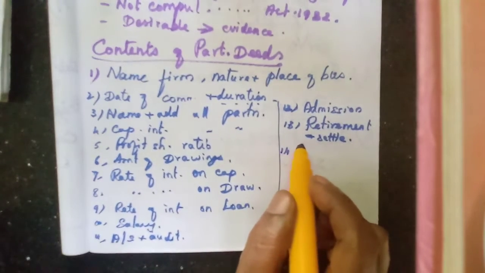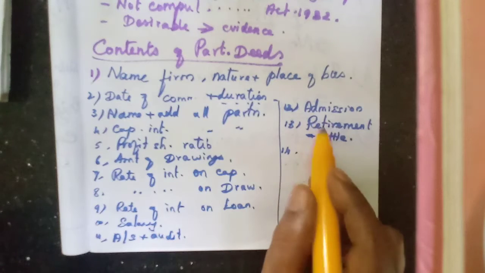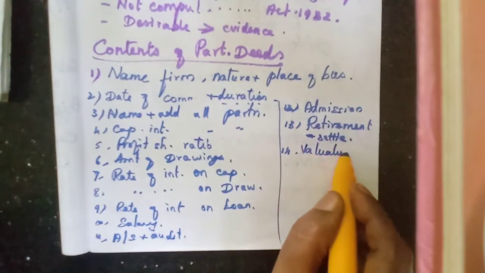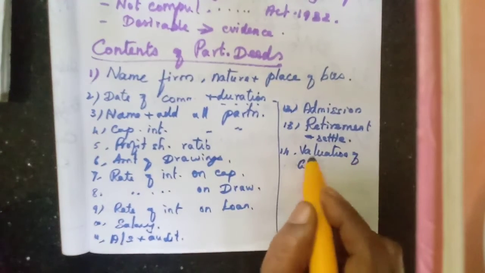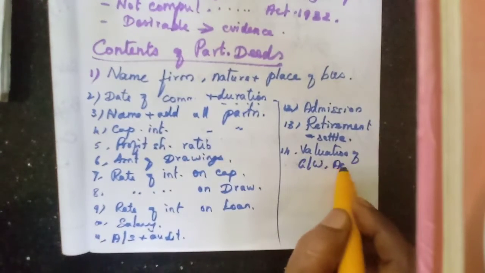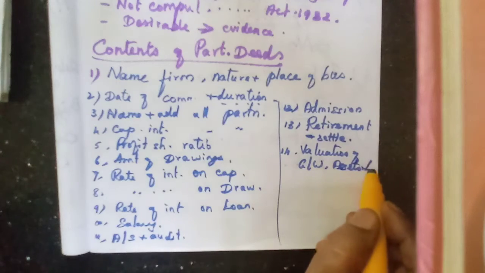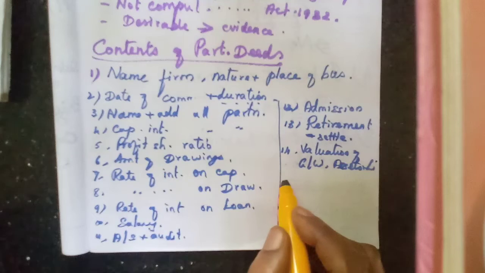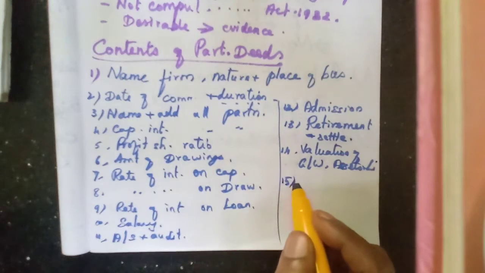Then at the time of admission and retirement, the method of valuation of goodwill and all the assets and liabilities. This also we will learn as a separate chapter.